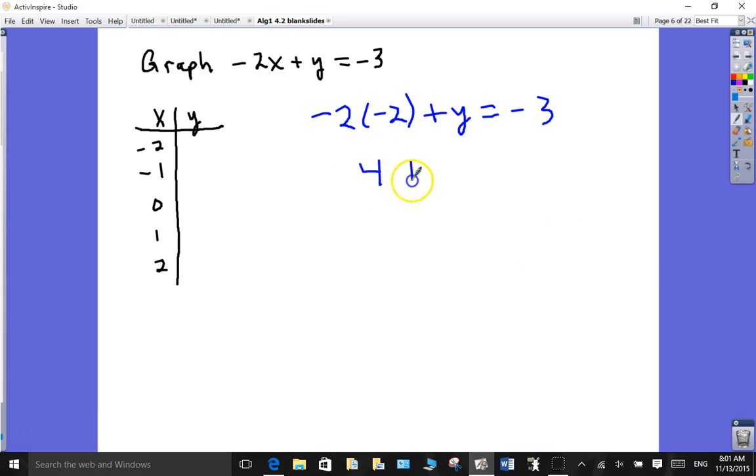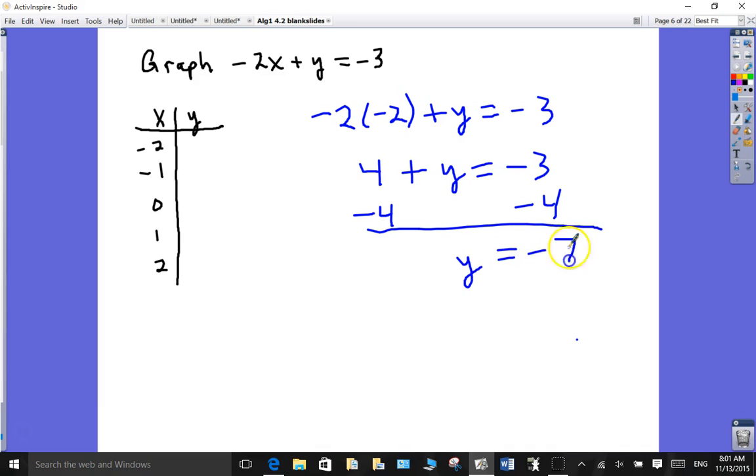So 4 plus y equals -3. Subtract 4, subtract 4. Y equals -7. So now I can fill this in. I would have to go through that process 5 times to make my values.